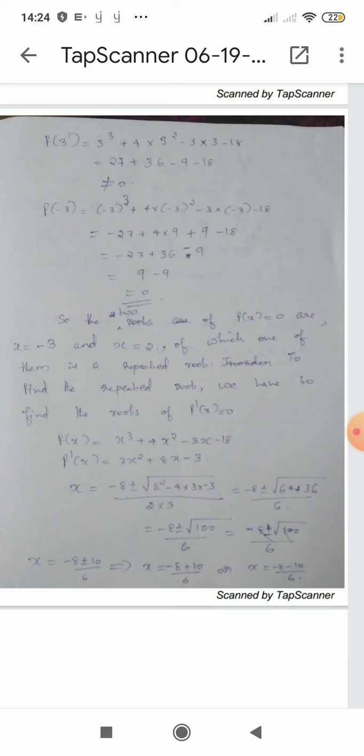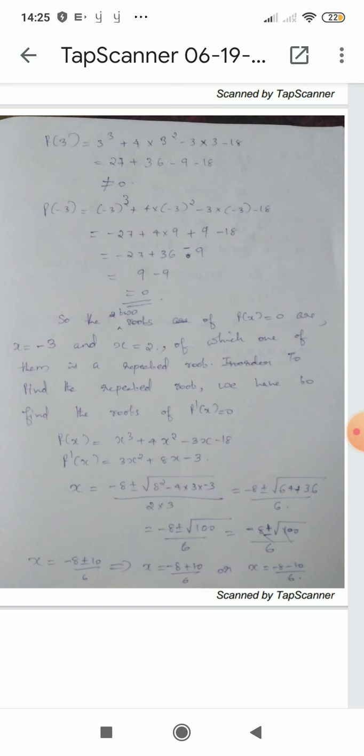And this is a quadratic equation. What is our f dash of x? 3x square plus 8x minus 3, right? How to find out its roots? We have to equate the right hand side to 0. That is 3x square plus 8x minus 3 equal to 0. Now this is a quadratic equation. How many roots does it have? 2 roots. And what was the formula to find the roots? x is equal to minus b plus or minus root b square minus 4ac by 2a, right?